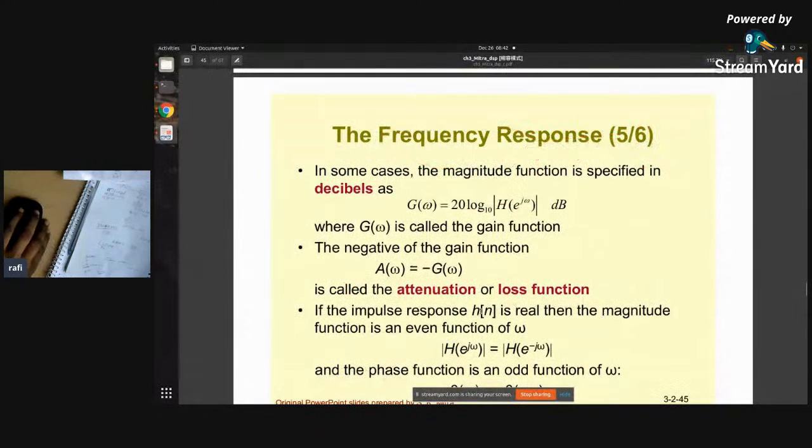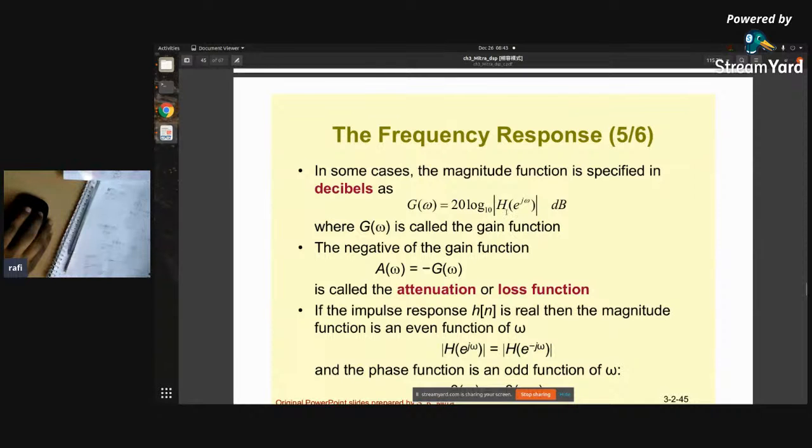And if you take it in the linear scale, small variations at lower magnitudes cannot be observed. That's why we take the log, to enhance those minute variations in the magnitude response of the system.